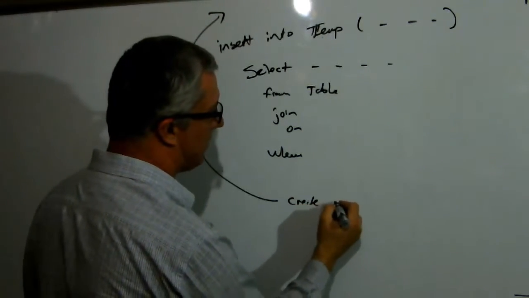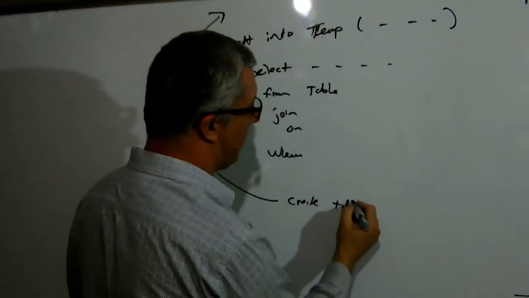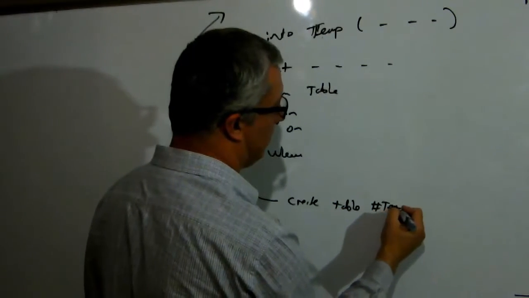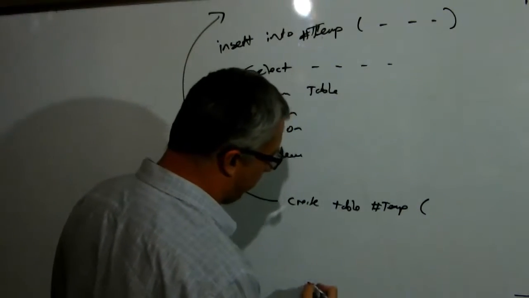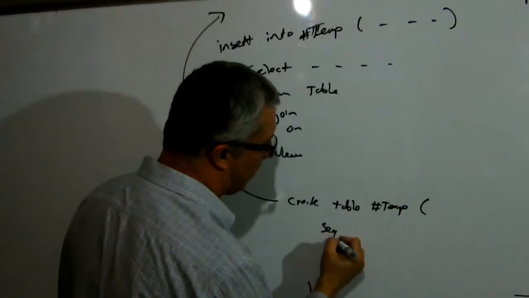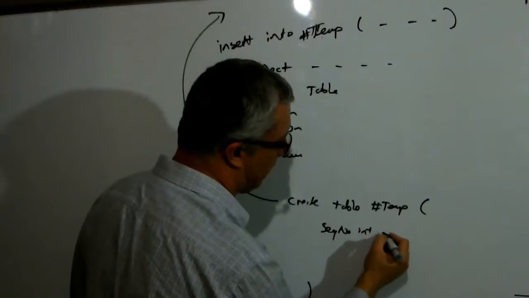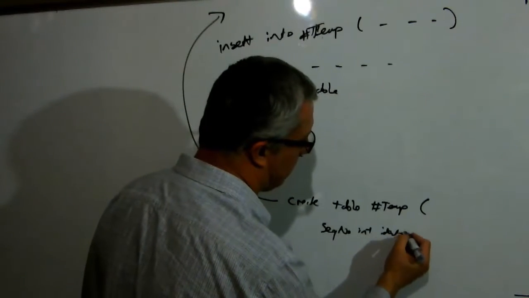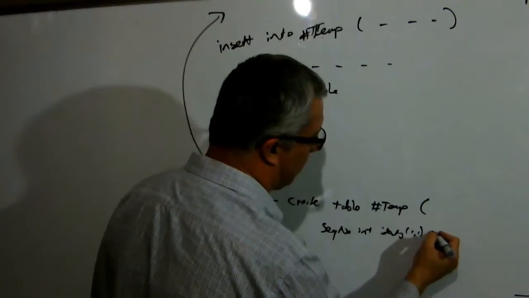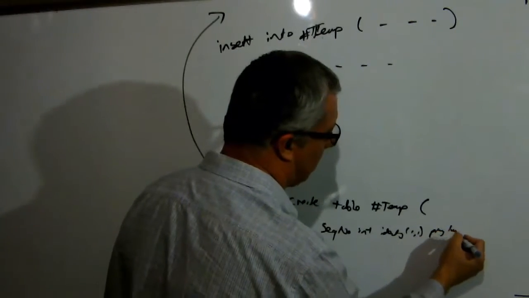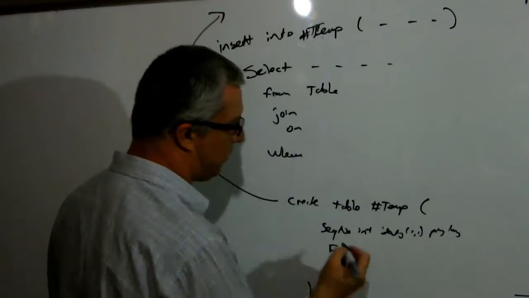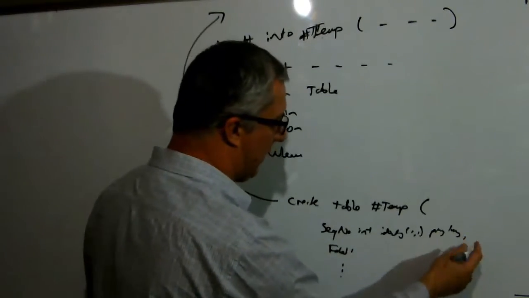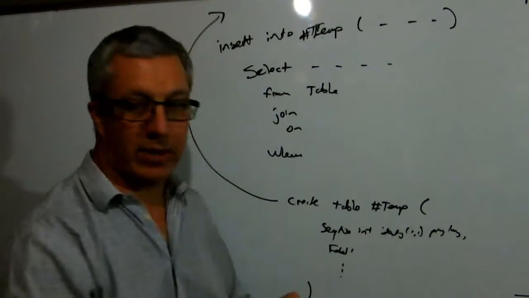When I create my table, I make it a hash table because it's a temp table, and I will add a sequence number, int identity 1,1 primary key, to my table, and there will be field 1 and so on. So I will actually add a sequence number into it.